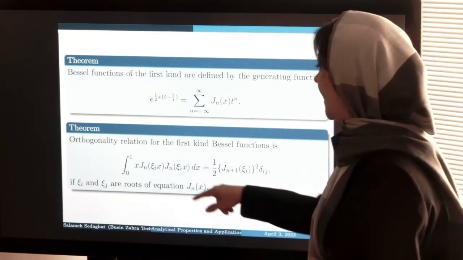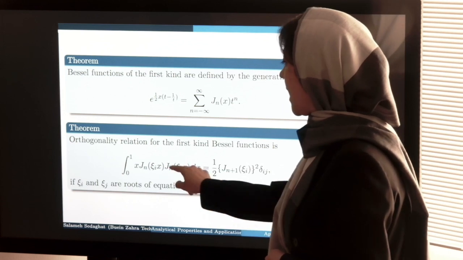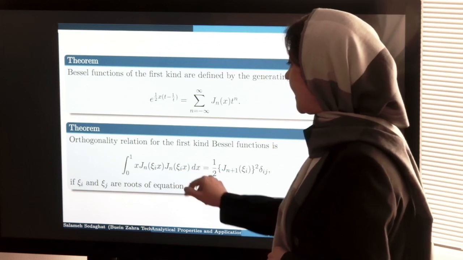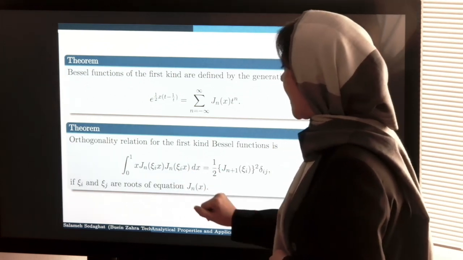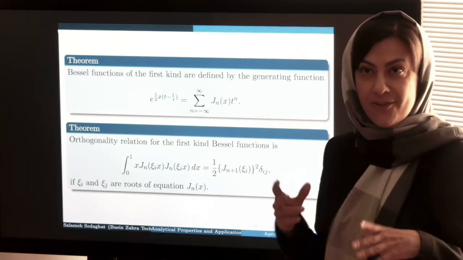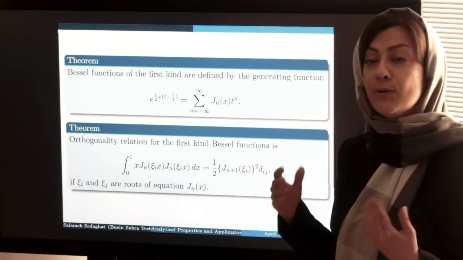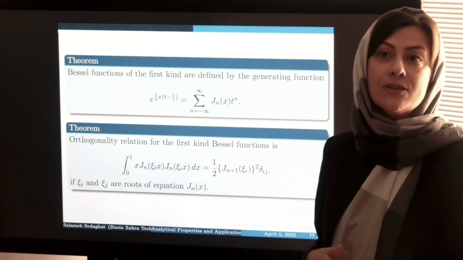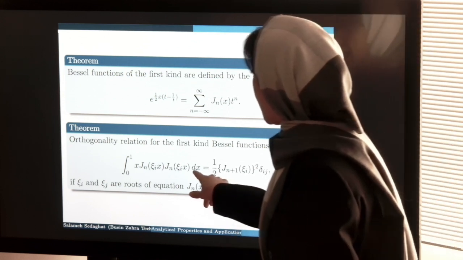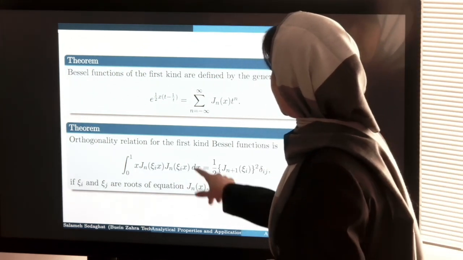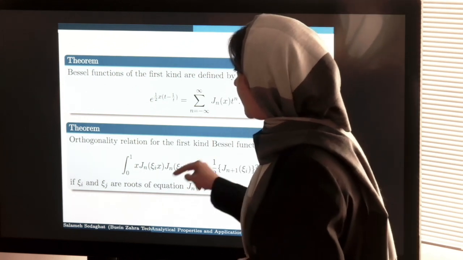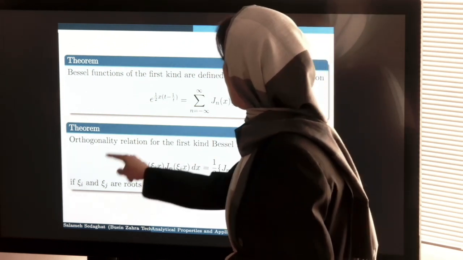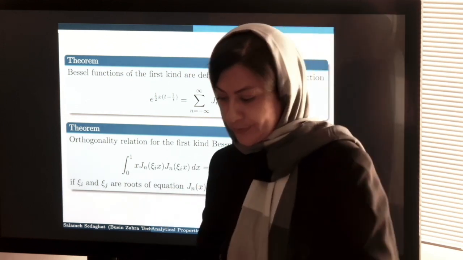Jn of chi i x times Jn of chi j x. So it's different from some other classic orthogonal polynomials. It equals this term. And now I want to show this equation to you.